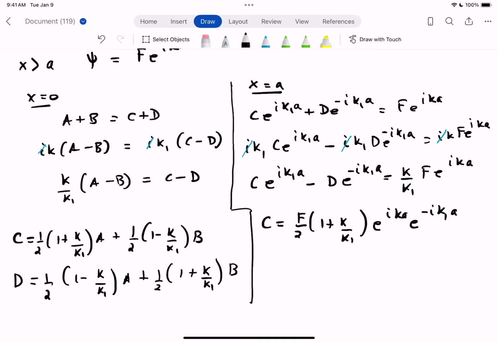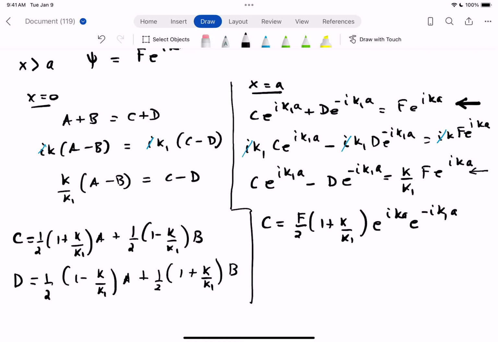So what happened here was, I added the two equations like this one and this one, and that gave me 2C e^(ik1a), the D term cancelled out, and adding up the right hand sides, I got (1 + k/k1) F e^(ika).